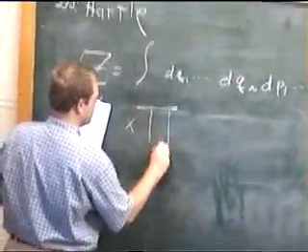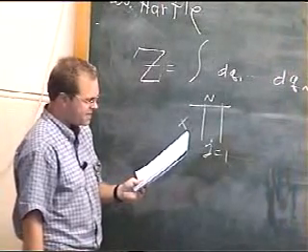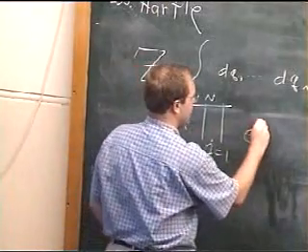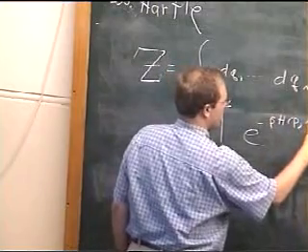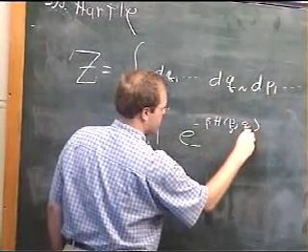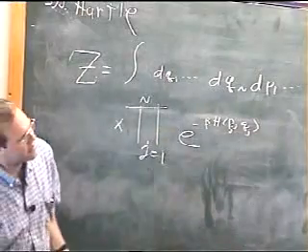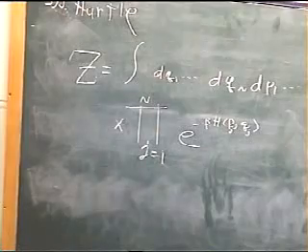I still have a product from j equals 1 to n of some stuff. But the stuff is now fairly simple because the first bit has become merely e to the minus beta H of pj, qj. Is that right? Yes. The bit here surrounding the exponential involves qj and pj. So that's what goes in there.